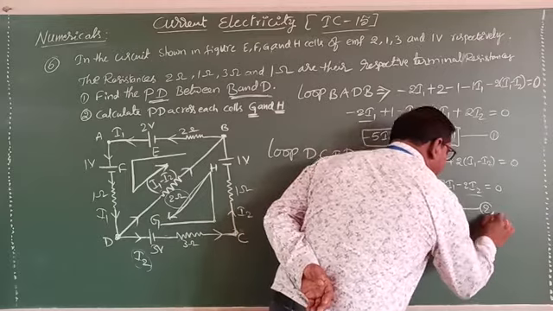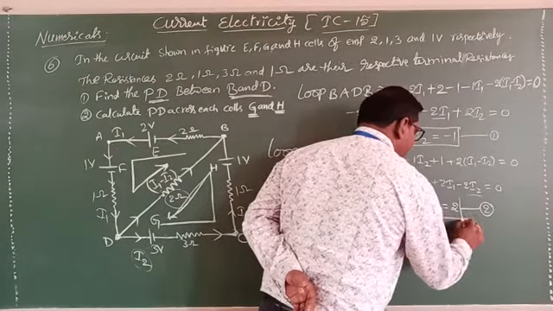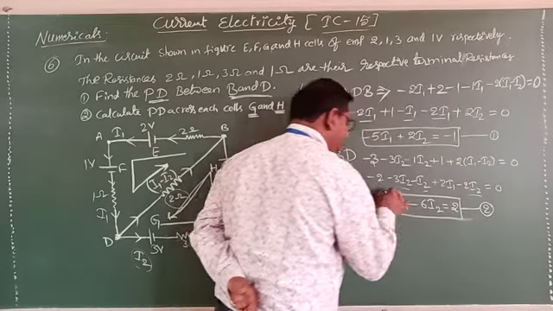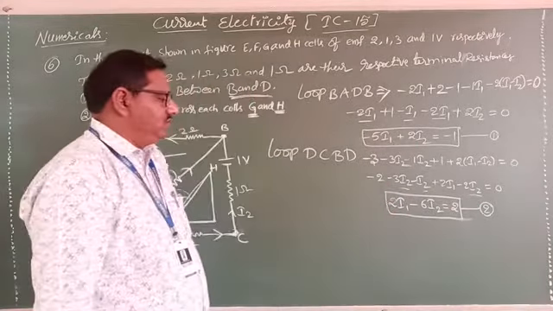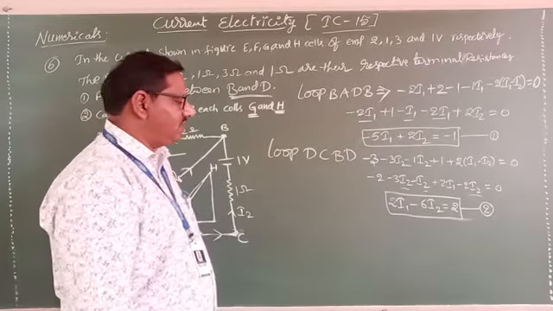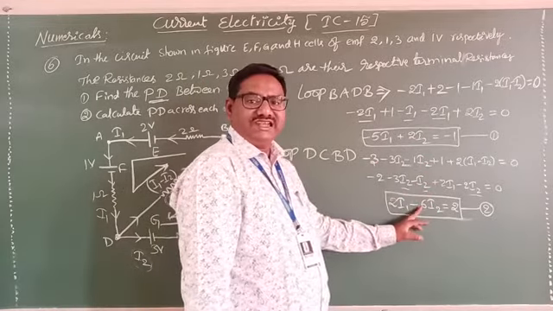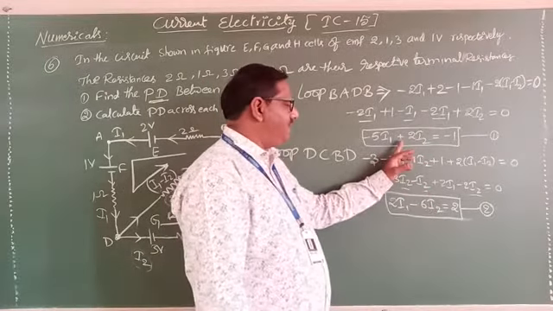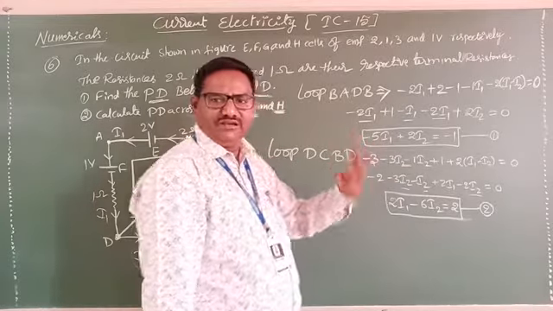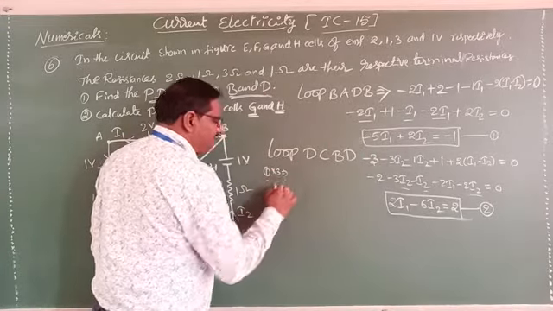Equation number 2. Now if you solve 1 and 2, you can get I1 and I2. How do you solve? Here we have 2I2, here we have 6I2. So I will multiply this equation with 3. Then I will write here 1 into 3 to solve easily.